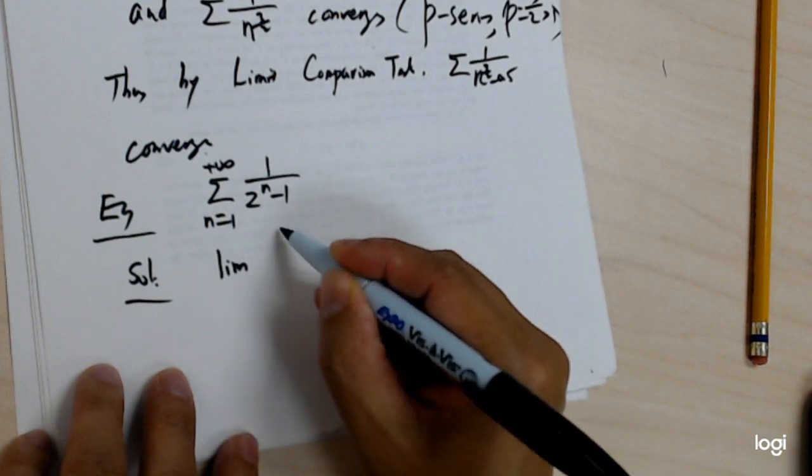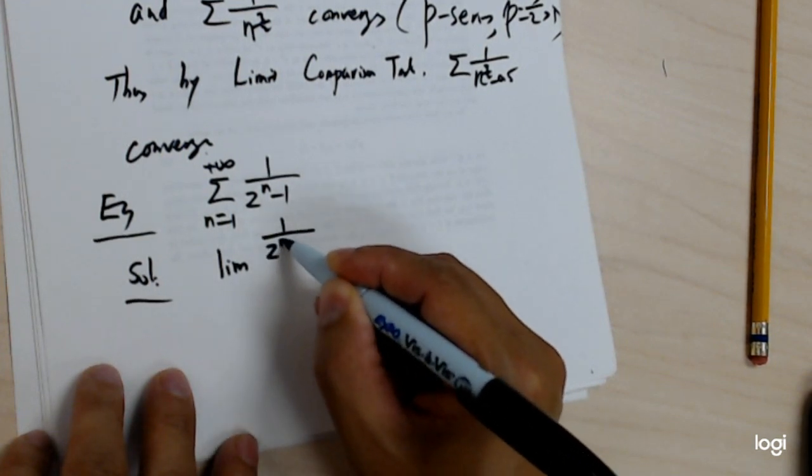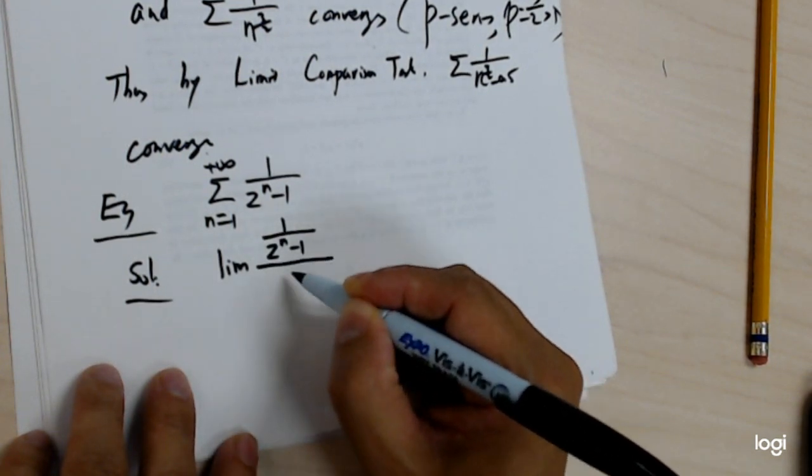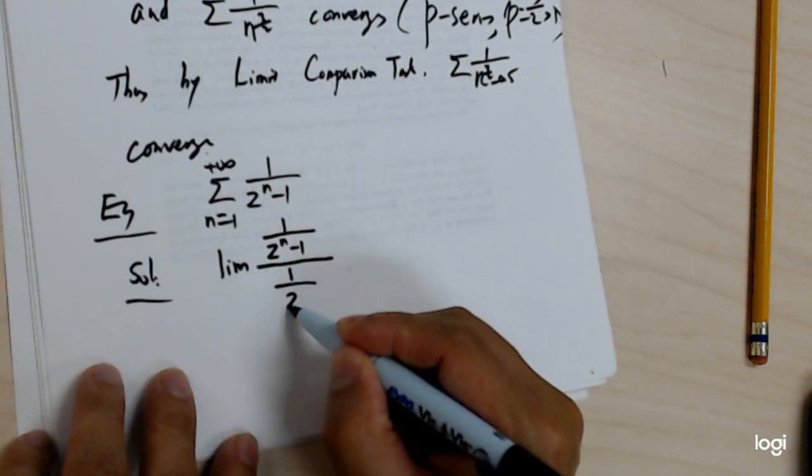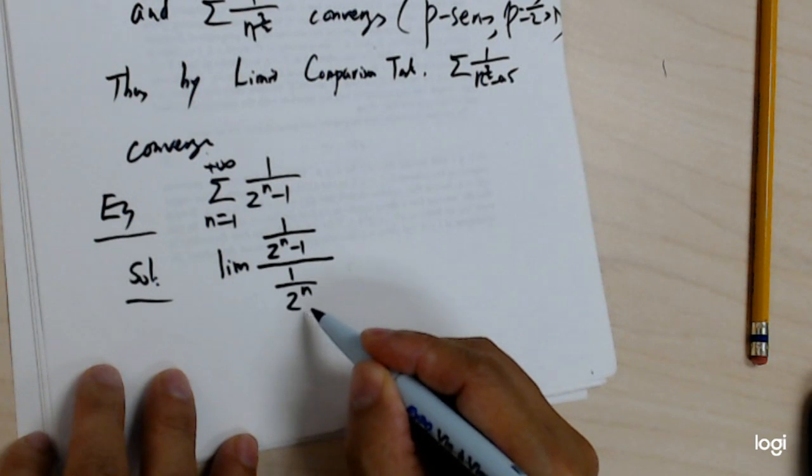So here I do the limit. It's always a limit, right, of the ratio between the original series and someone that you want to compare with. That's the one I'm going to choose to work with.